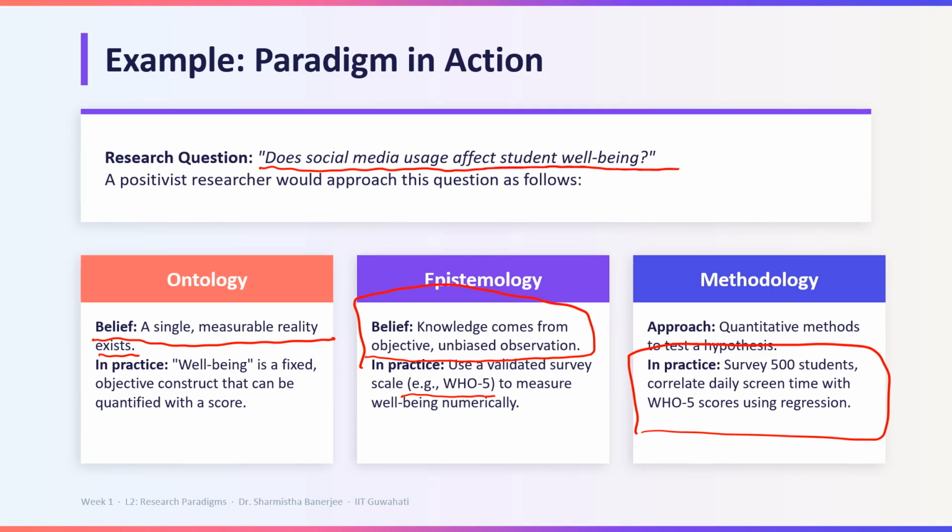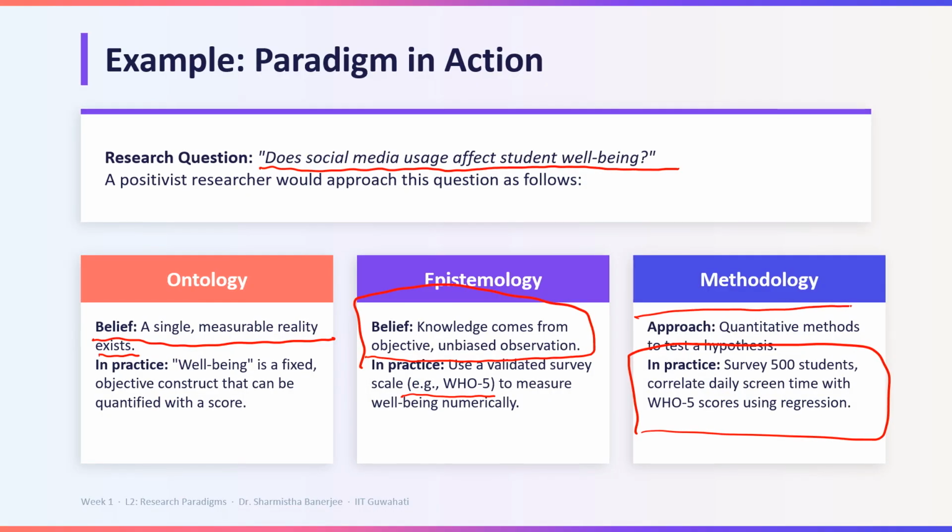I will have one question about how much daily screen time they have, and they will mark their well-being using the WHO-5 questionnaire, and then I will do a regression analysis to see whether screen time has any relationship with their reported well-being. So in this case, I have a quantitative methodology to test a particular hypothesis, which said that social media usage has an effect on students' well-being, and that was my question. The hypothesis was that well-being is fixed and can be measured with a score.